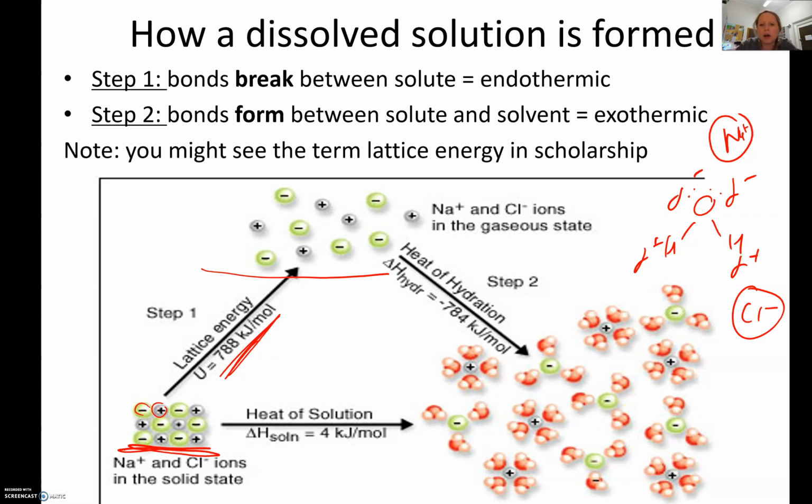Now this is called hydration, okay, and this is when you're actually creating forces of attraction between the ions and water. So you're actually making bonds here, and this aspect is exothermic, where the bonds between the solute and the solvent, water being the solvent, sodium chloride being the solute, that part is exothermic.